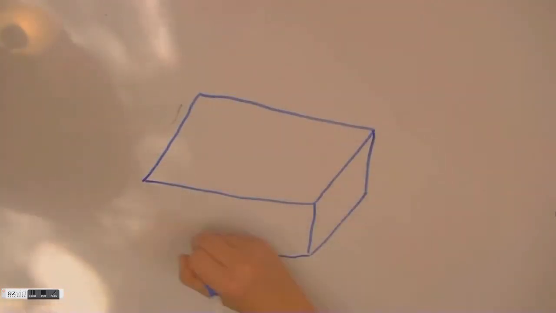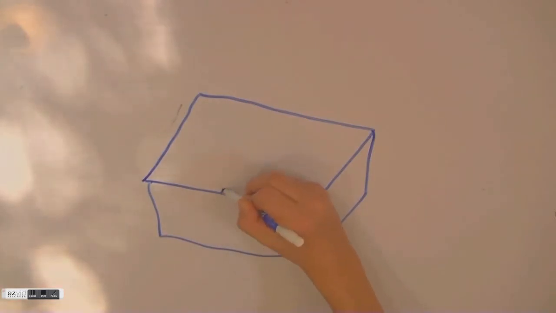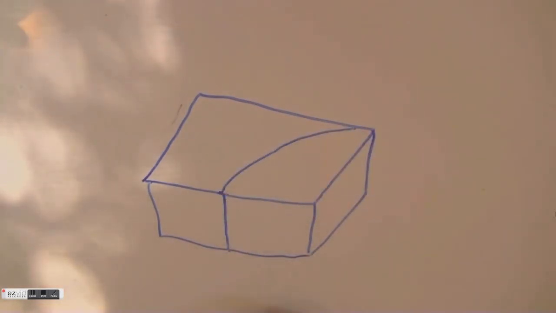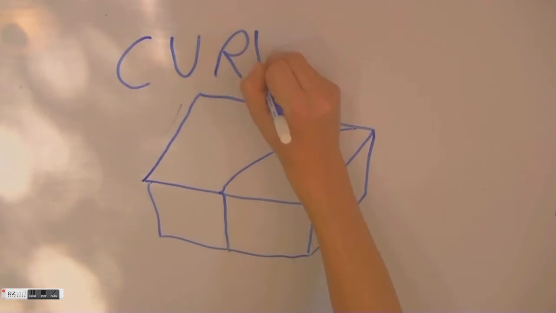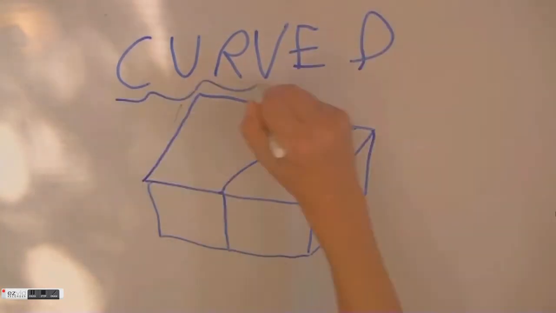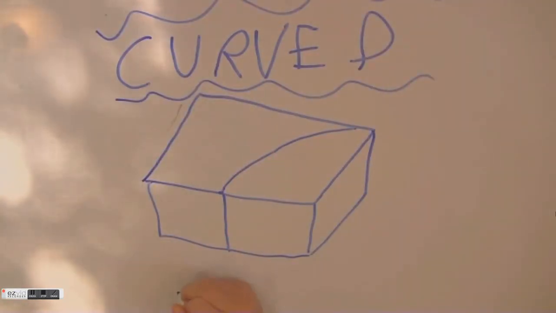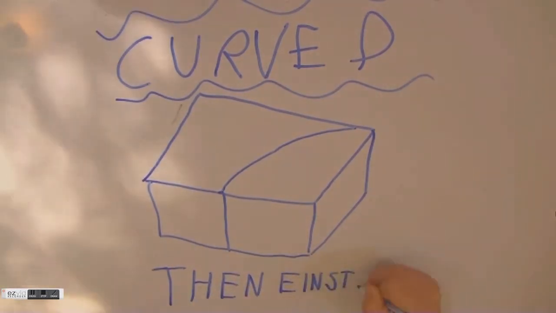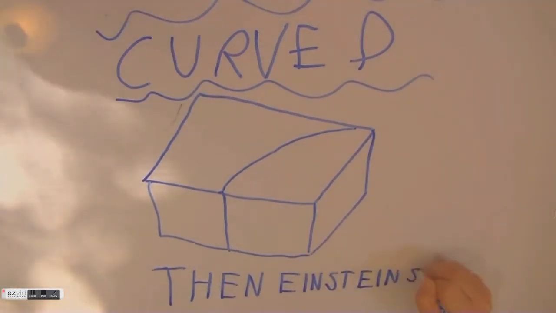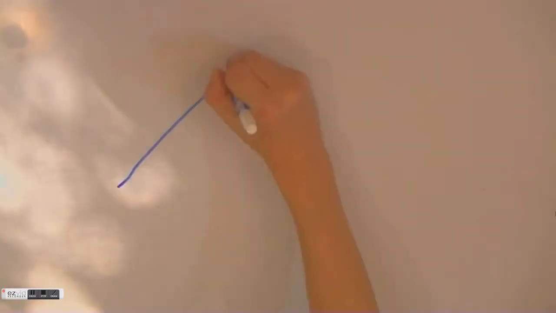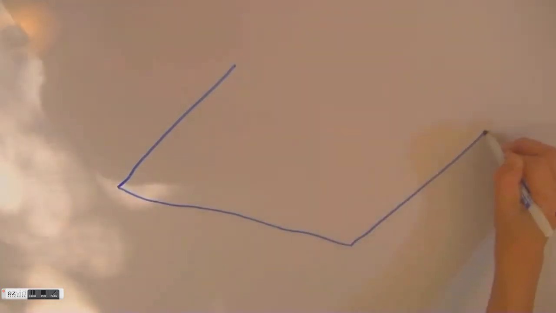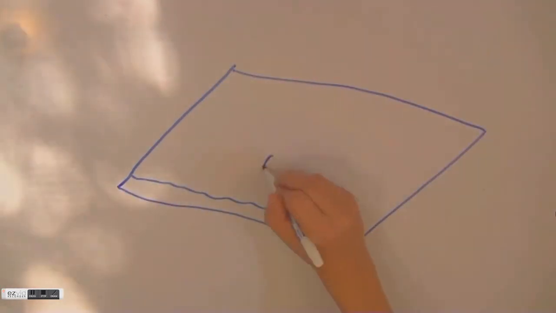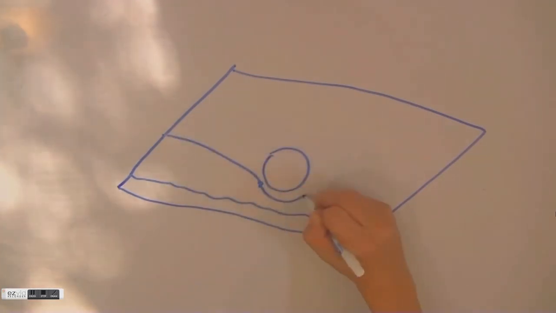So now let's go back to our now slice. So now we know that at a constant velocity, our now slice is angled. However, whenever we accelerate, our now slice is curved. And then Einstein says that if our now slice is curved, if space-time is curved when we're accelerating, and acceleration and gravity are the same thing, then gravity must be the warping and curving of space-time itself.